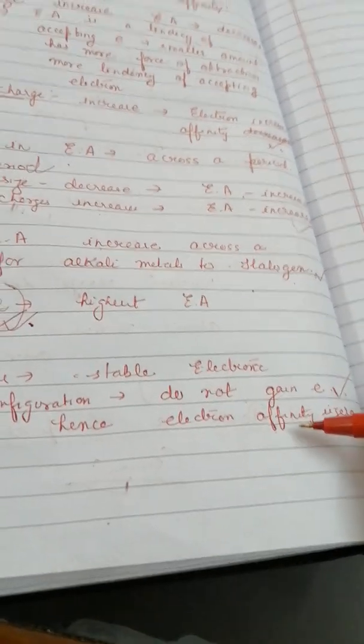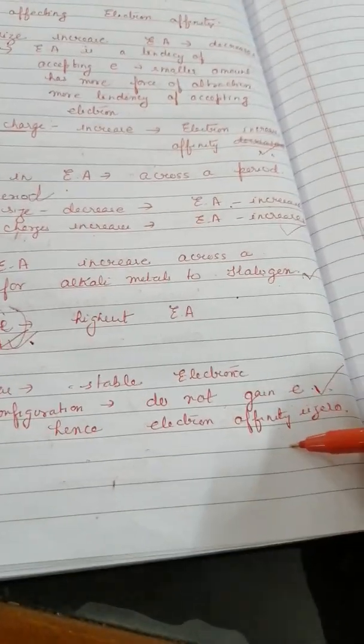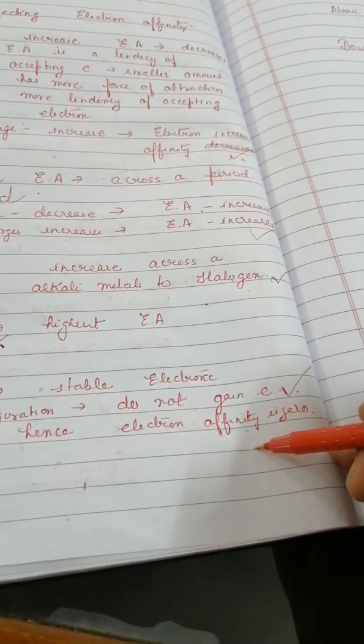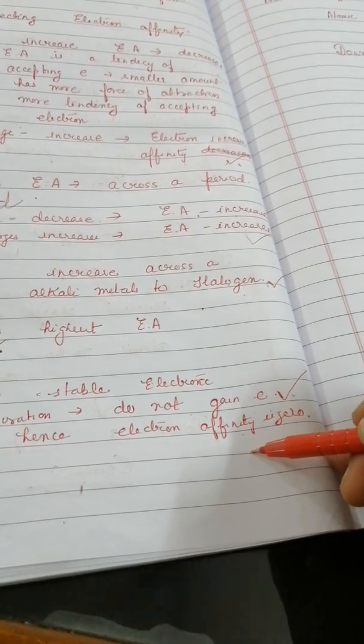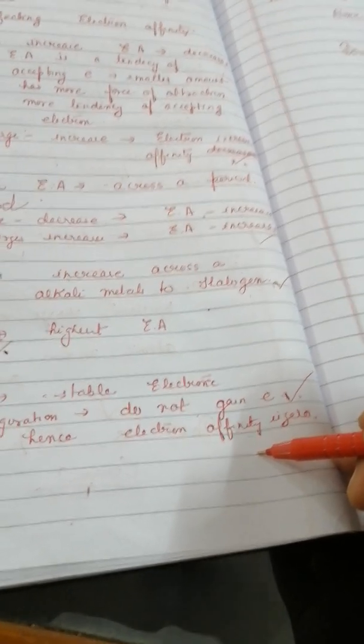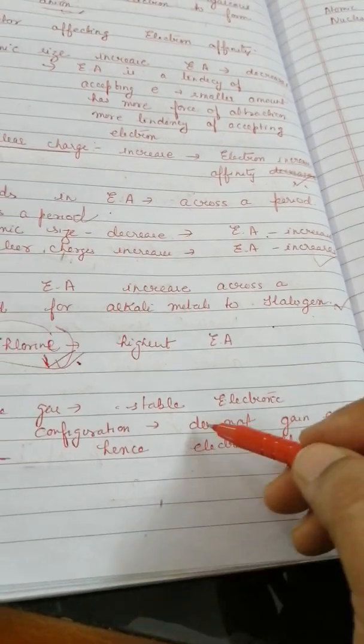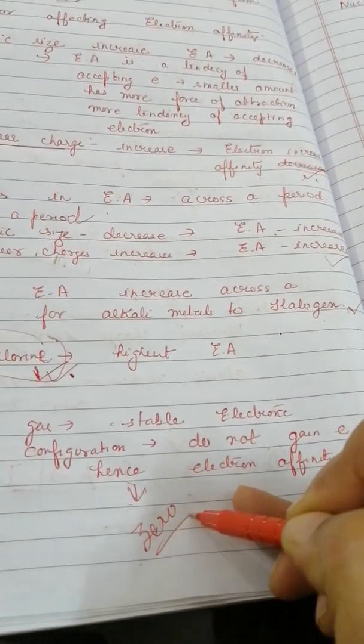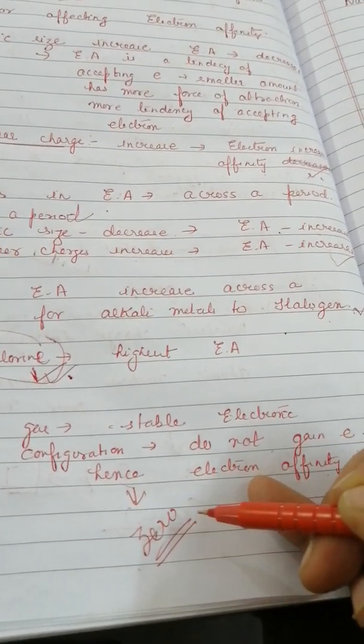We measure it in the form of energy, but it is a tendency of gaining electrons. When no electrons are gained, no energy is released. Noble gases do not want to destabilize themselves by loss or gain of electrons. So noble gases have zero electron affinity.